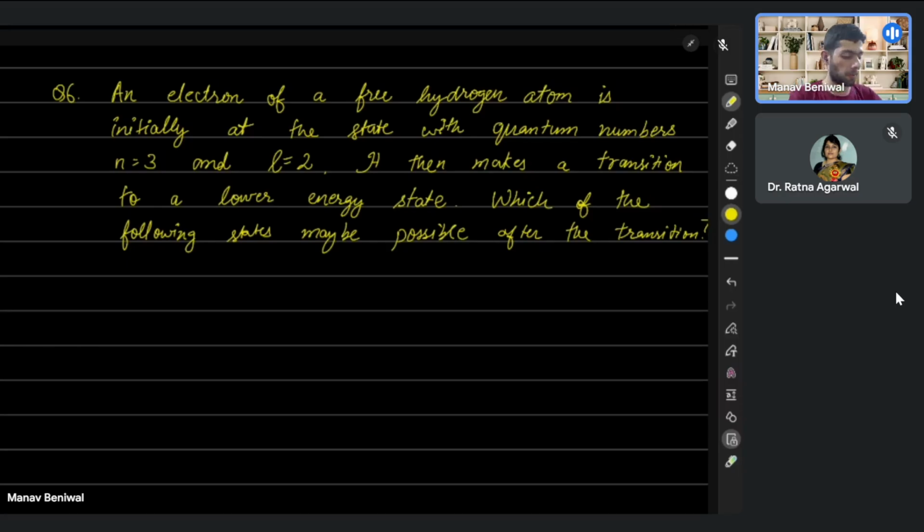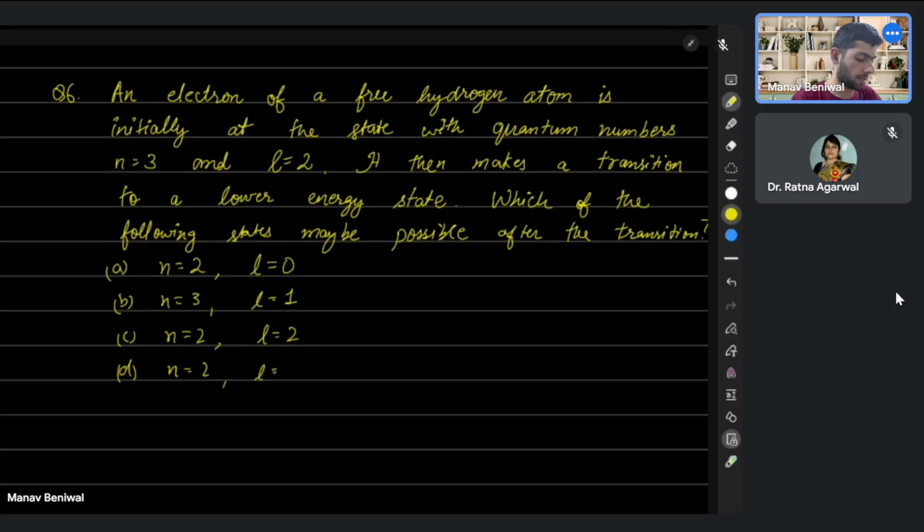So this is the problem, and let's look at our options. n is equal to 2 and L is equal to 0, n is equal to 3 and L is equal to 1, n is 2 and L is 2, and finally n is 2 and L is 1.